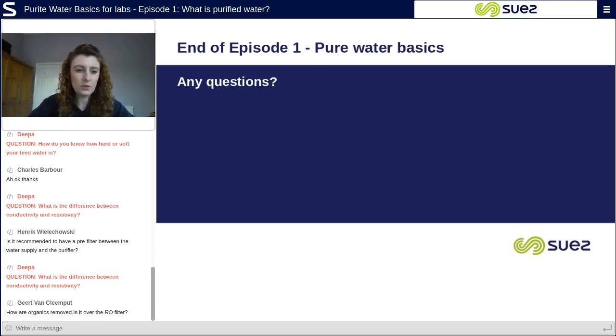Another question: what is the difference between conductivity and resistivity? Conductivity describes the amount of minerals dissolved in the water. Resistivity describes the resistance of pure water.